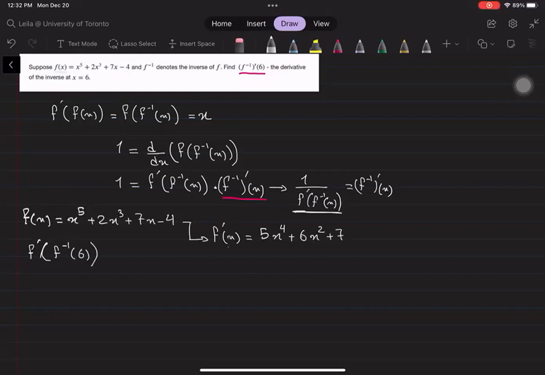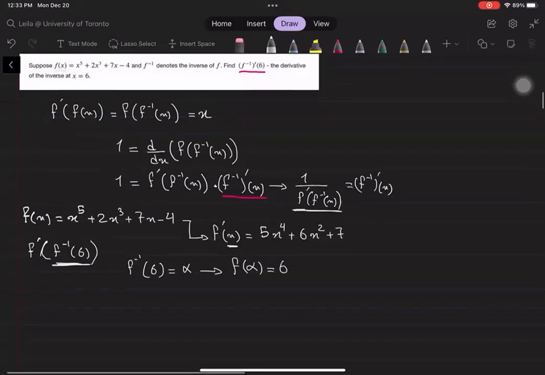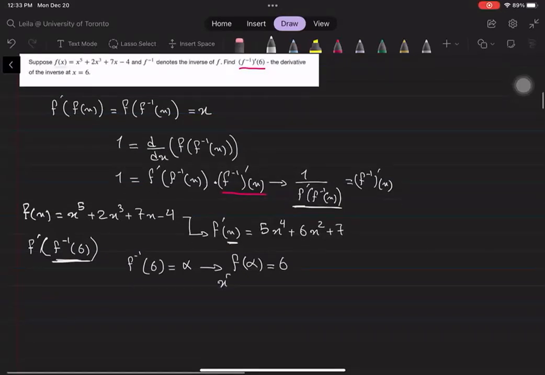So comparing with this, you want to find the x that you have here. I'm just going to put alpha. From this, you know that f of alpha is equal to 6.